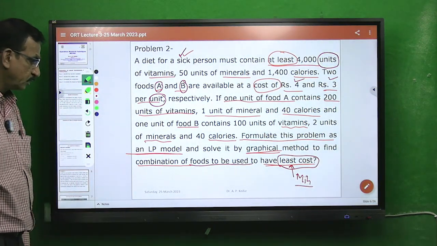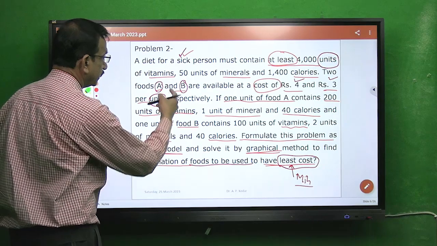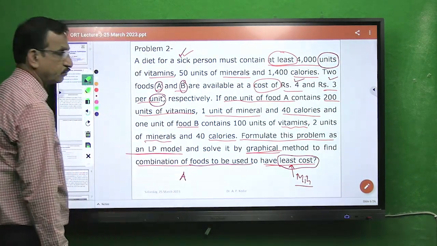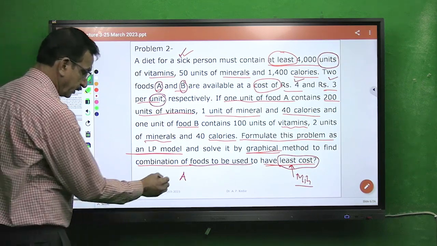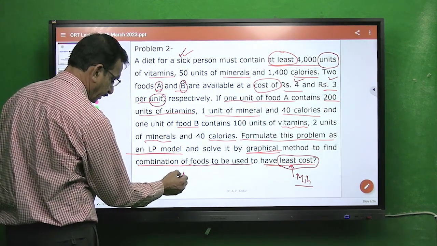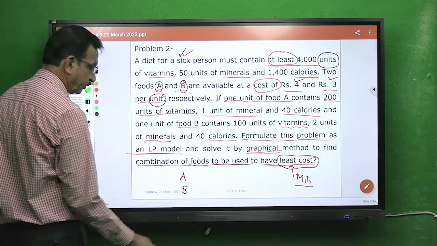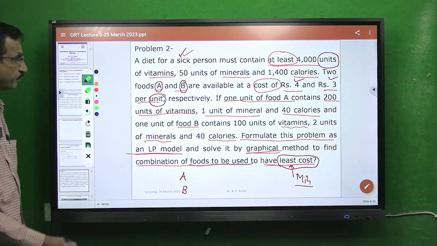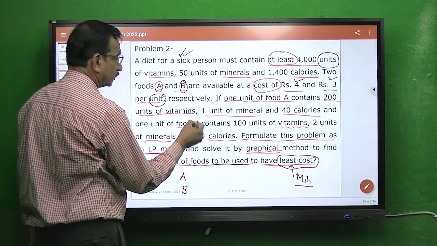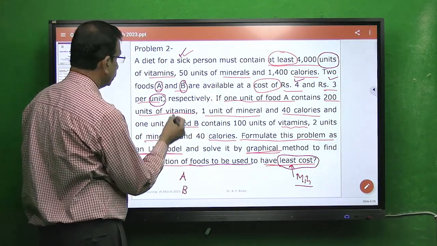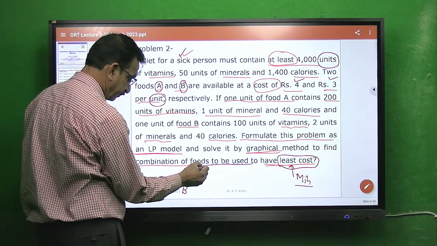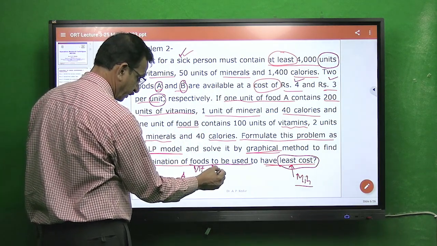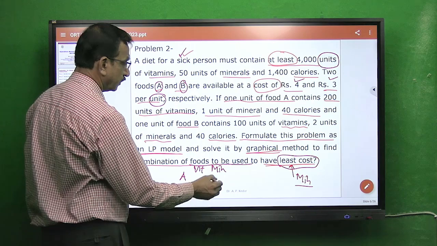So to begin with, like in the previous case where we had alpha and beta, here we are having A food and B food with 3 ingredients in them. The ingredients are vitamin, the other is minerals, the third is calories.